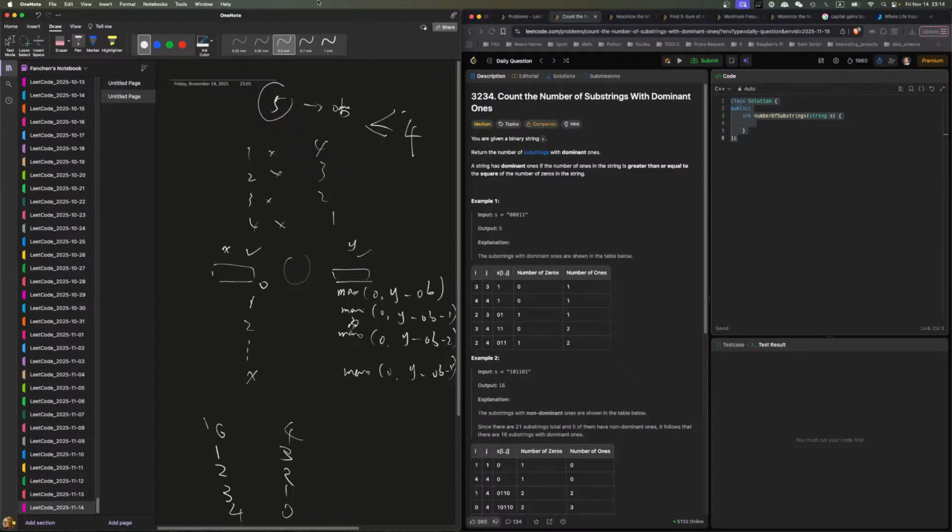When this is 0, like when this is 0, how much this one can get? Right? When left is 0, how much the right one can get? And then when right one is 0, how much this can get? And then you just add them all.